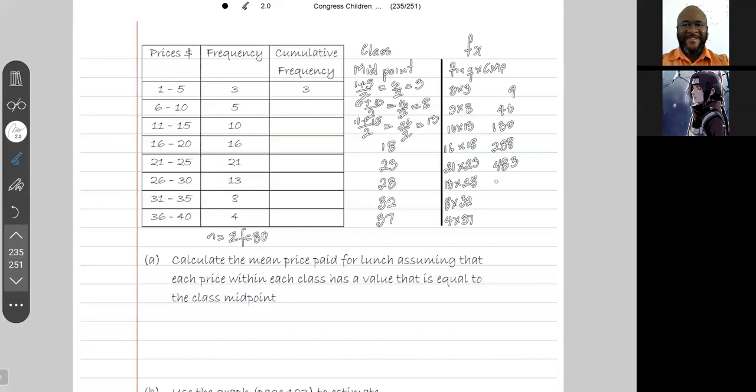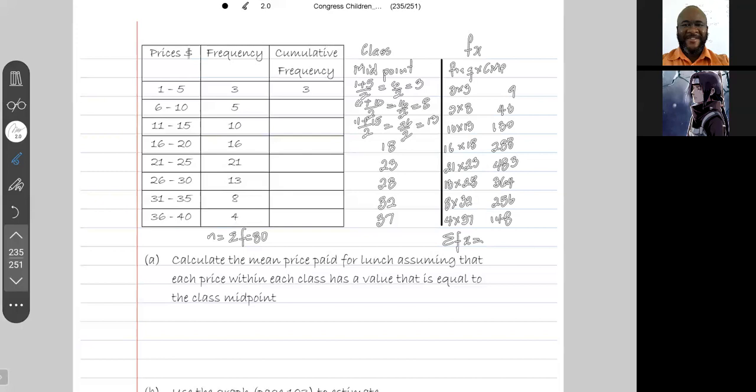This is 364. 8 times 32. This is 256. And 4 times 37. This is 148. Next, I need the sum of fx, which simply means I need to add up all these values.